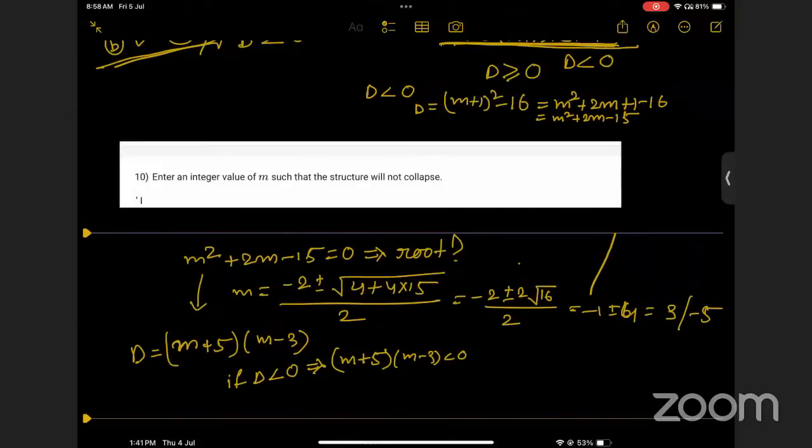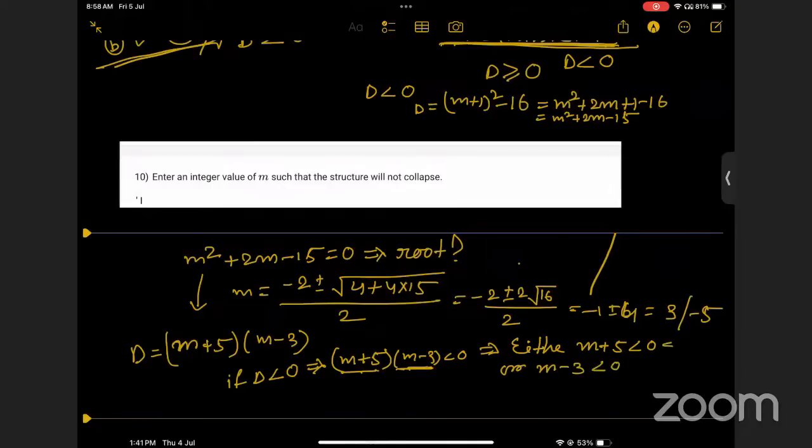If it is less than 0, that means one of these two factors will be less than 0. So we can conclude either m plus 5 is less than 0 or m minus 3 is less than 0.